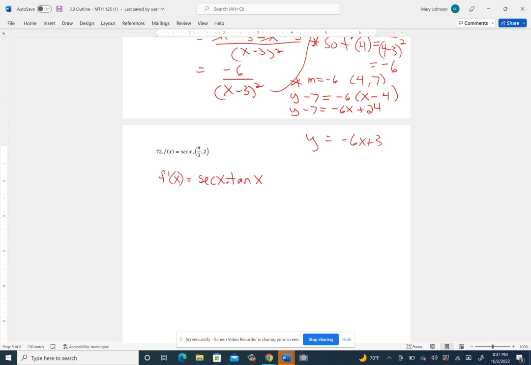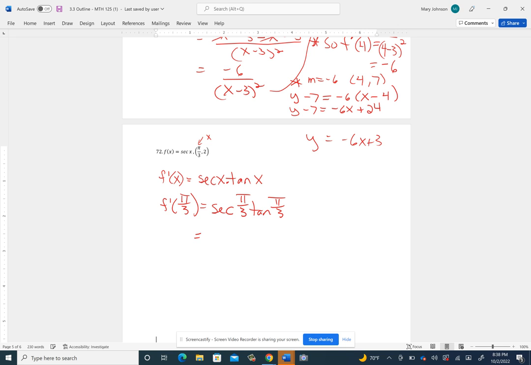We need the value of the derivative at the point (pi over 3, 2). So this is your input value, this is your x, so that's why I plugged that in. So that's secant of pi over 3 times tangent of pi over 3.